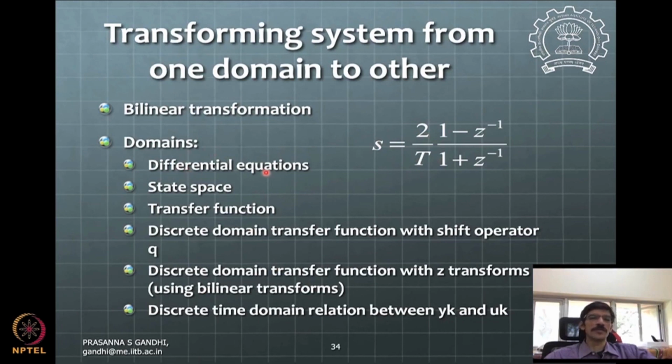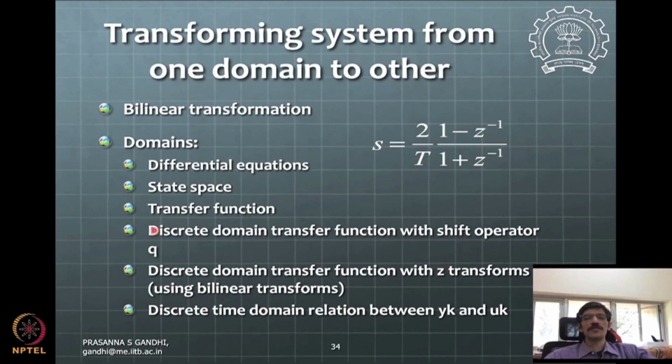But one can see now that there are these different domains. You started off with a differential equation, then you convert it into state space form, or you can convert it into a transfer function, or you can have a discrete domain transfer function with the shift operator q, or a discrete domain transfer function with Z transforms, or using these bilinear transforms.